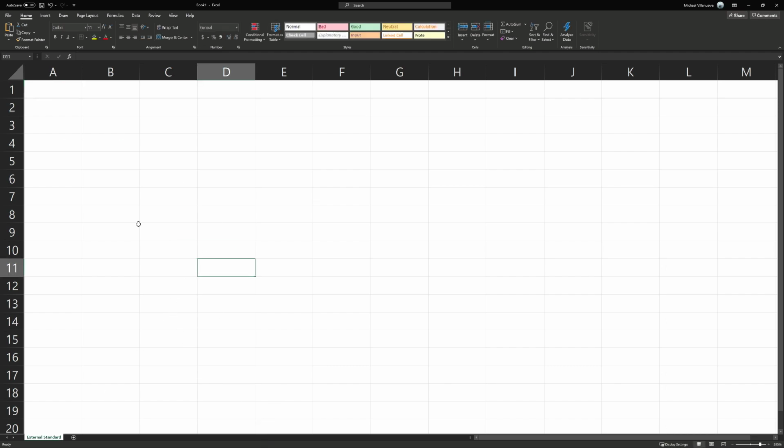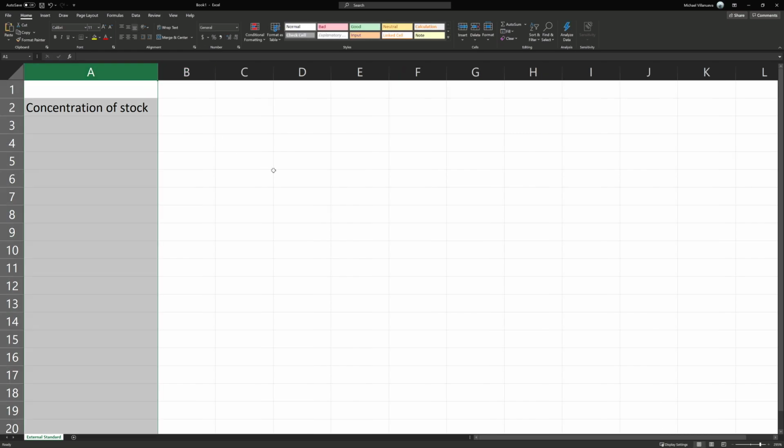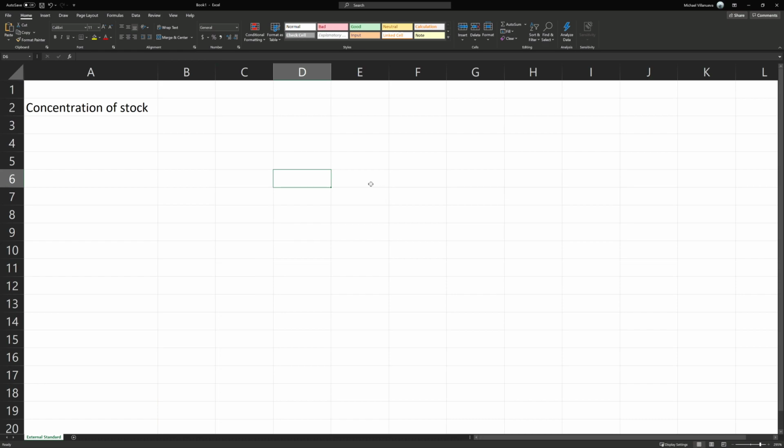So how are we going to do this? Let's say we need to have a stock concentration. Let's say that for now. So we have samples.